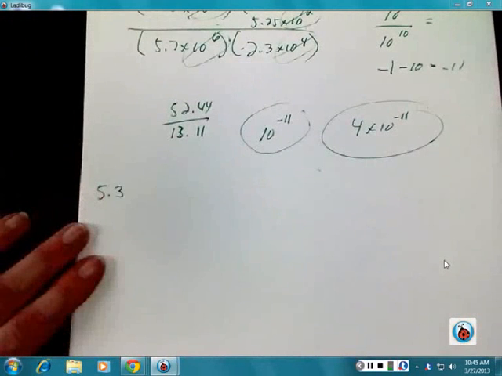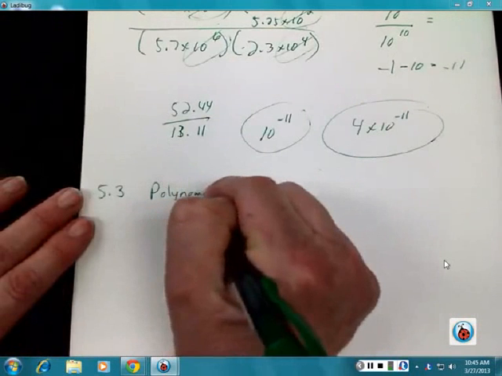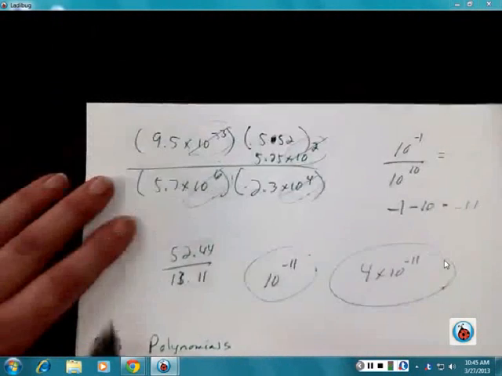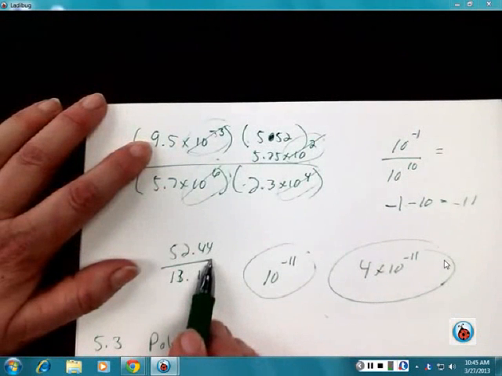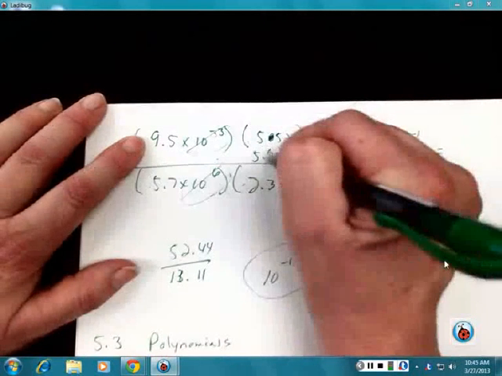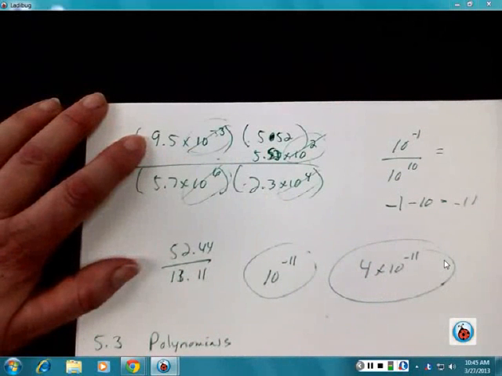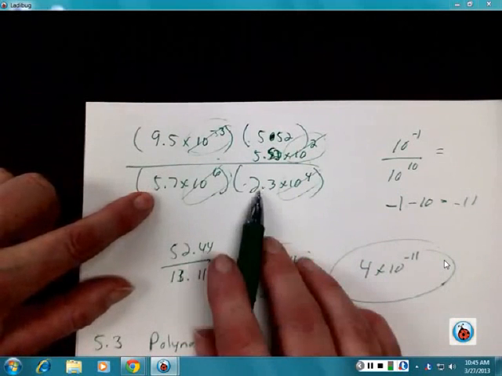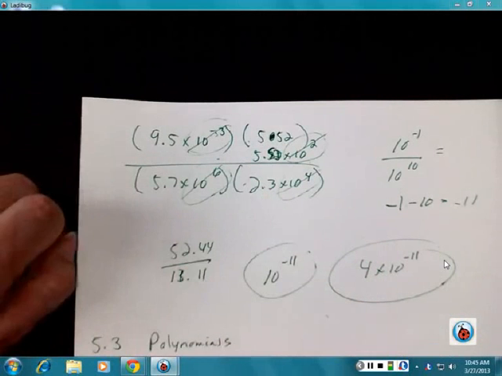5.3 is looking at polynomials. Wait, how in the heck was it before? How did it get 4 before? Oh, because these two multiplied together gave me this. So 9.5 times 5.52 gave me 52.44. 5.7 times 2.3 in the bottom gave me 13.11.